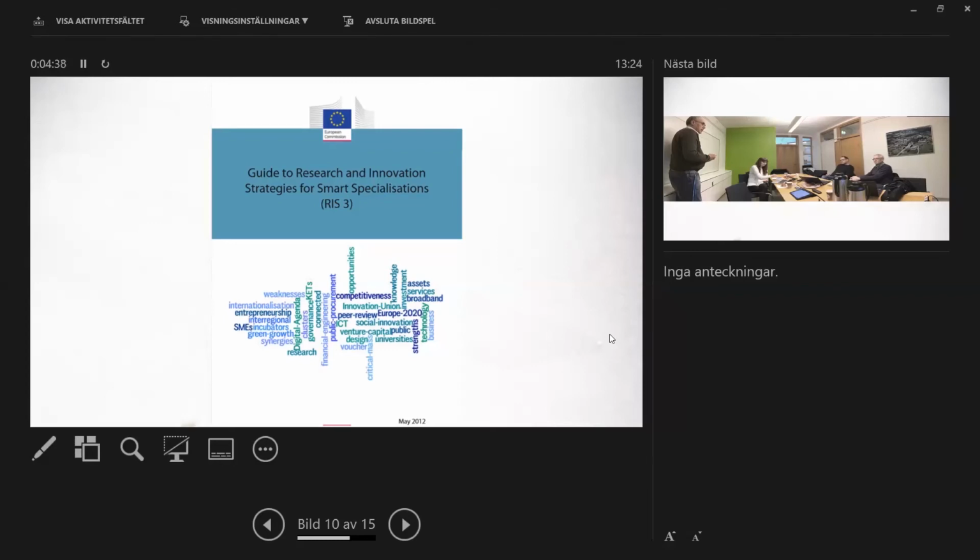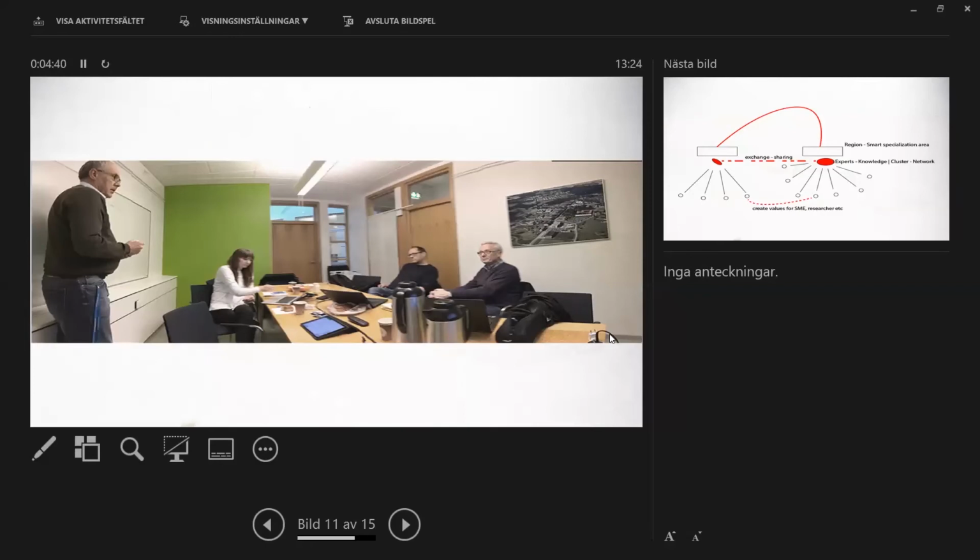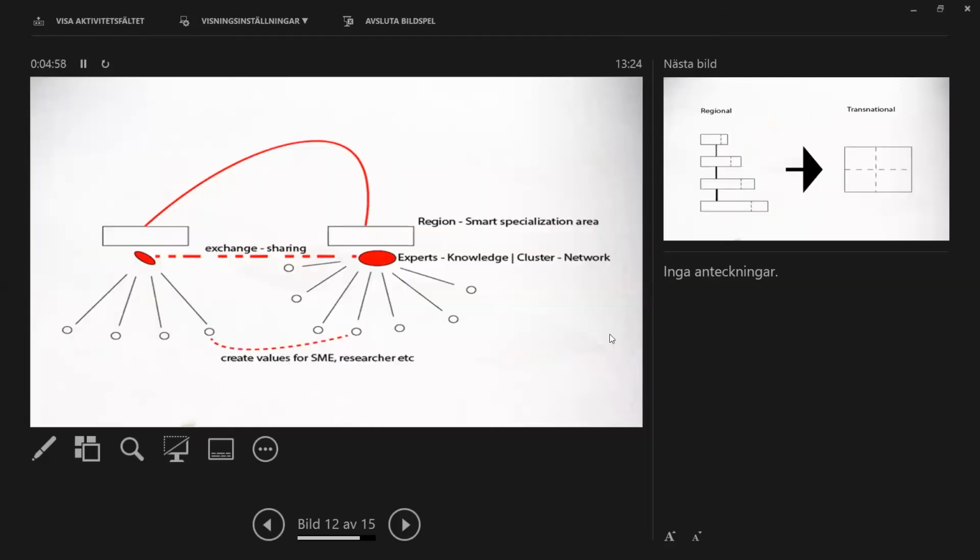I know a little bit about these things because I was involved in a working group from 2013. What is actually happening is that regions should focus on their strengths. And now comes the second phase, where regions should collaborate to do these things in Europe. And of course the next step after that will be collaboration internationally.